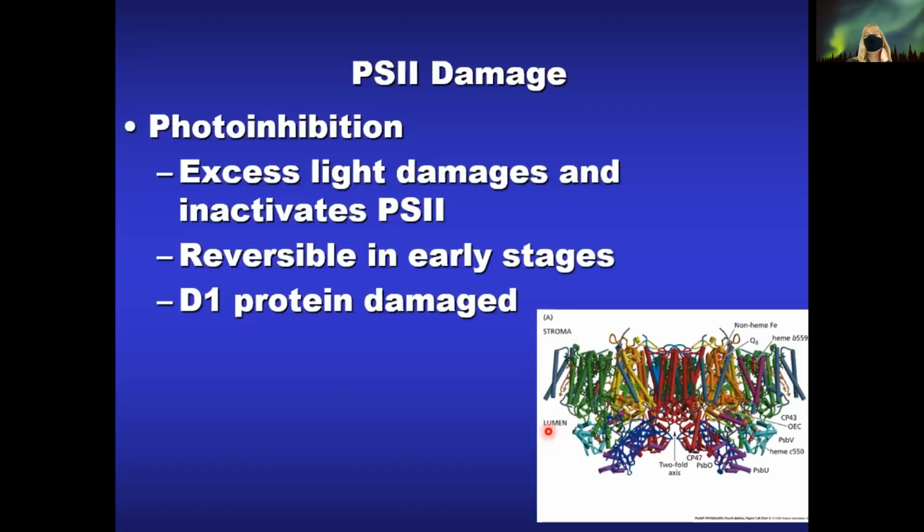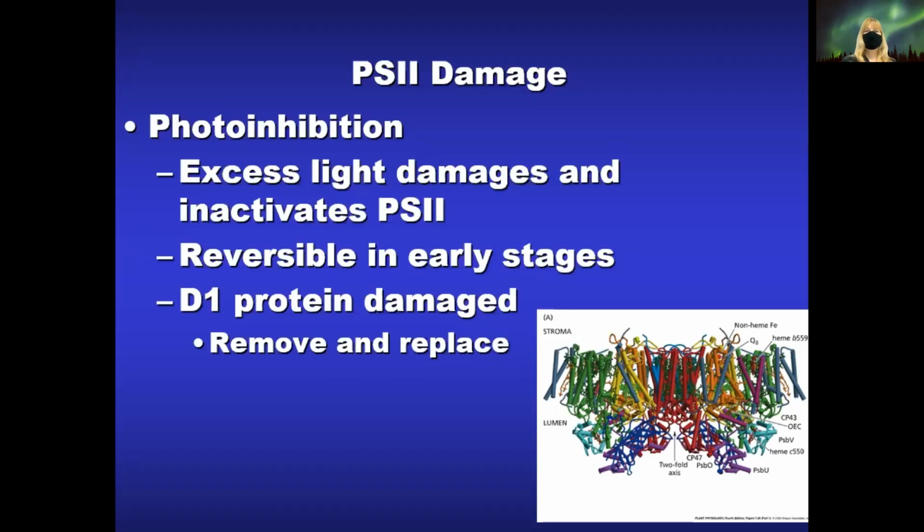It seems like the D1 protein gets sacrificed, that's the part of the photosystem that gets damaged. And they can see that the plant can actually remove that and make a new one and slip in the new D1. So there is this ability of the plant to do some surgery, so to speak, on the photosystem, which is quite remarkable.